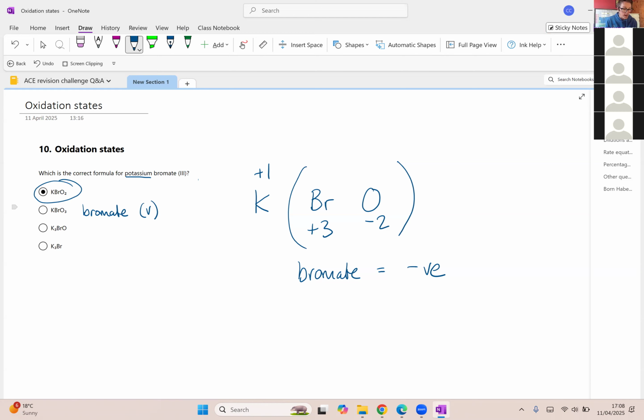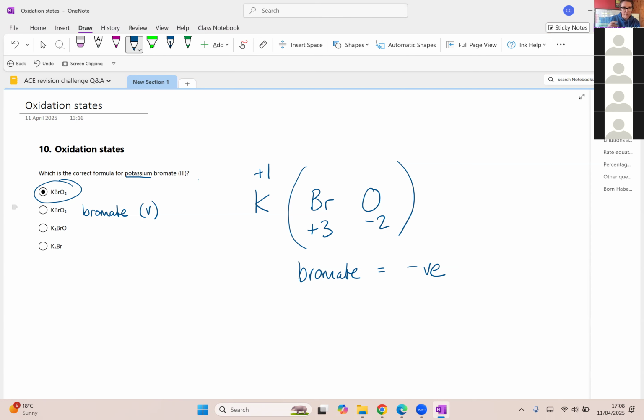The third one down is absolute nonsense because that would be like +3, -2. That would make my bromine negative. You never have two negative things in a compound. You might have two positive things, never two negative things, unless they are separate ions, but that's not oxidation states. And K3Br, again, that would mean that bromine would have a -3 charge. That's not going to happen.